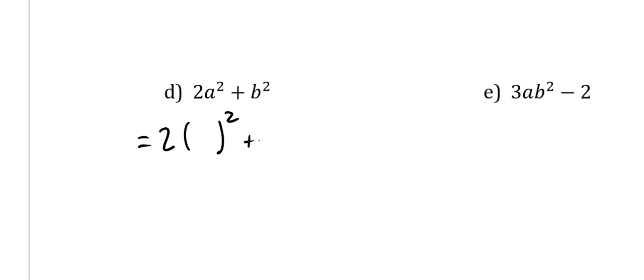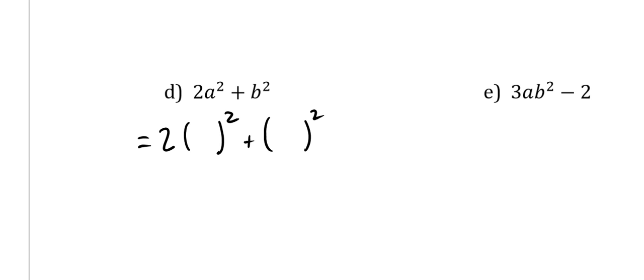You try to do the next part, plus. And then there's an exponent on that as well, squared on that as well. Some people might think the exponent is on the 2 as well and square that part, but you don't. It's just on the bracket. It's just on the A.